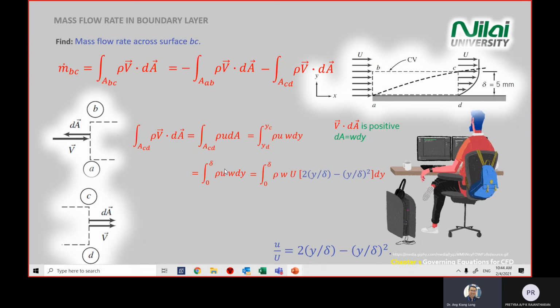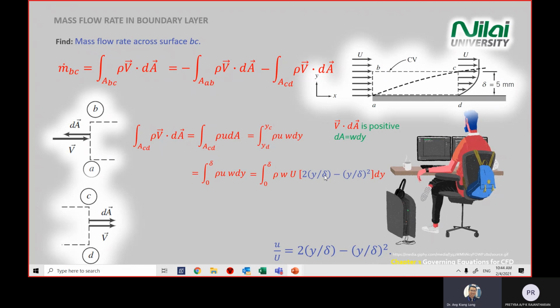In this case, you substitute the boundary layer equation which is given in the question, because just now you mentioned that at this point you have a velocity distribution given by u divided by U equal to 2y divided by delta minus (y over delta) to the power of 2.